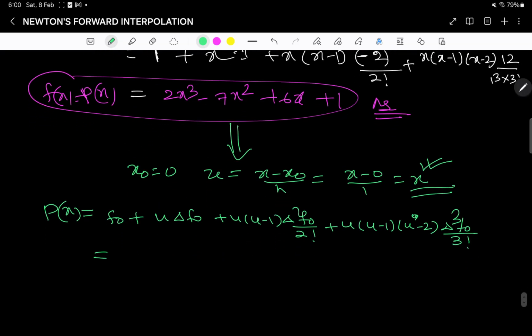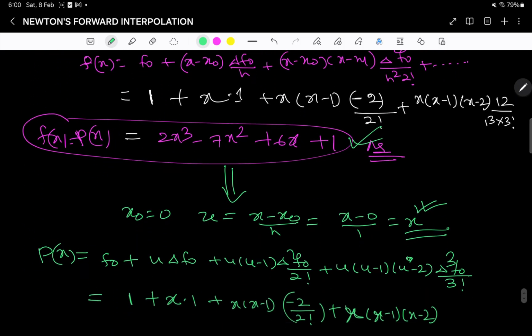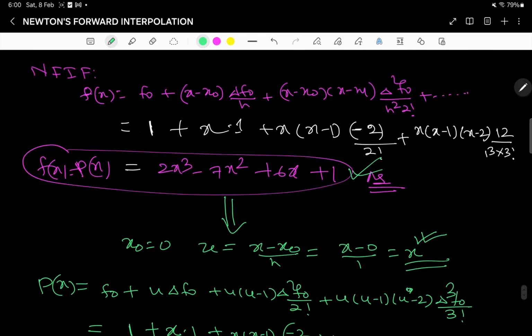Okay, so that means my f0 is 1 plus u, which is my x, my del f0 is 1, plus x into x minus 1, here del square f0 is minus 2 by factorial 2, then plus same thing here, plus u into u, which is my x, into x minus 1 into x minus 2, del cube f0 is here 12 by factorial 3, which is 6, and you see it is same as this.